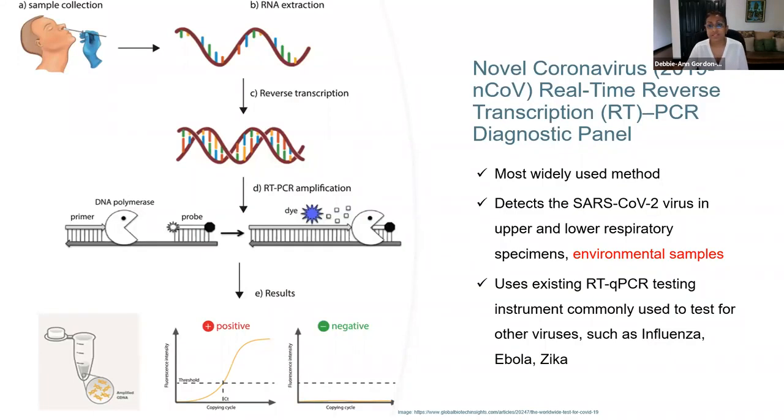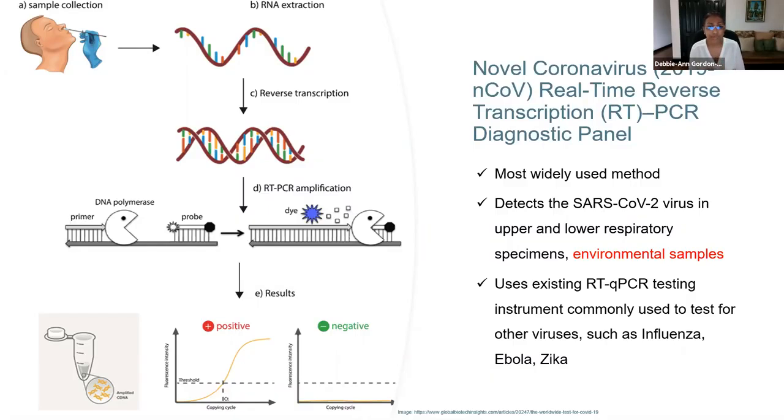All right, so what is this gold standard RT-qPCR test? In this case, we're looking at the coronavirus, or nCoV, so it's the novel coronavirus 2019 nCoV real-time reverse transcription PCR diagnostic panel.